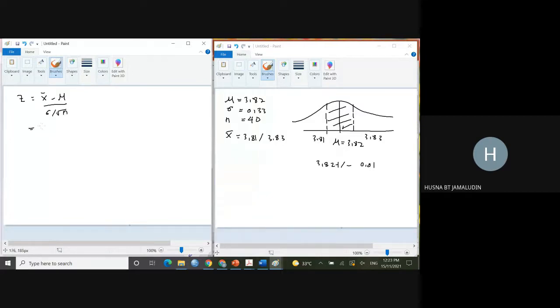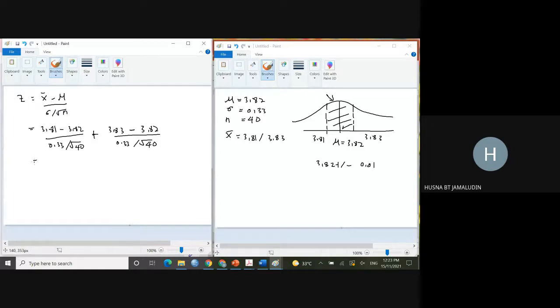So the first x what? 3.81 minus the mu 3.82 over sigma 0.33 over square root of n 40. And because you want to know the middle, these two areas, so I will just plus the second x bar, which is 3.83 minus the mu 3.82 over the same thing 0.33 over square root of 40.